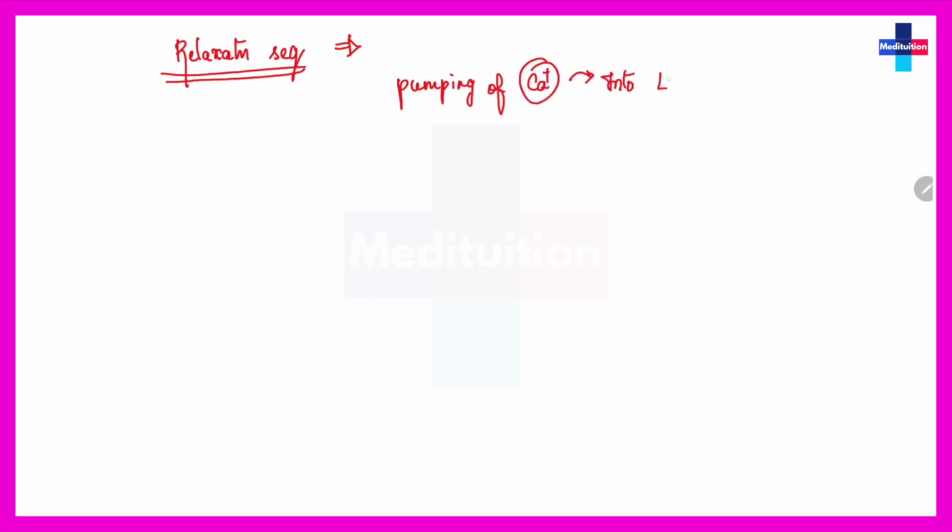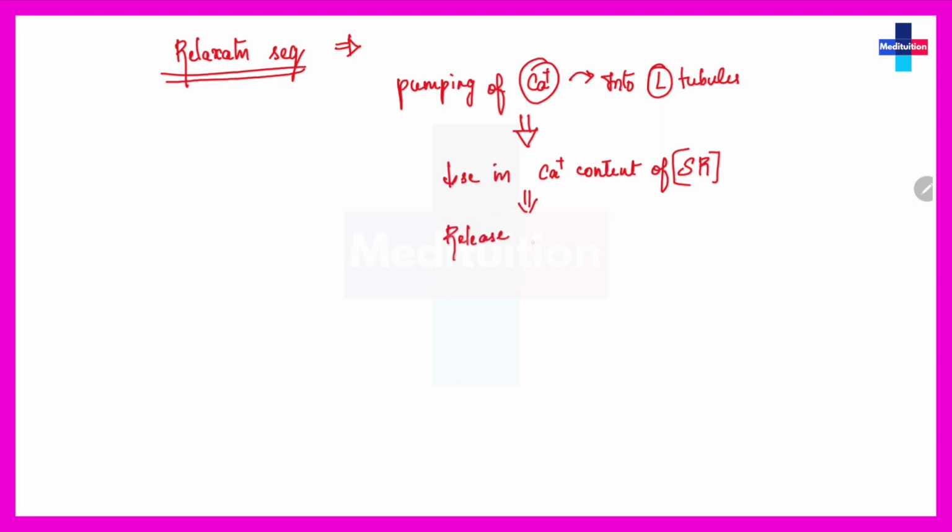Once it is pumping in, there is a decrease in the calcium content of the sarcoplasmic reticulum, because they are pumped into the L tubule. So the sarcoplasmic reticulum content of calcium is decreased.